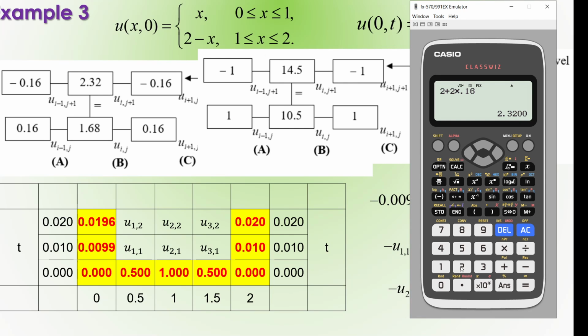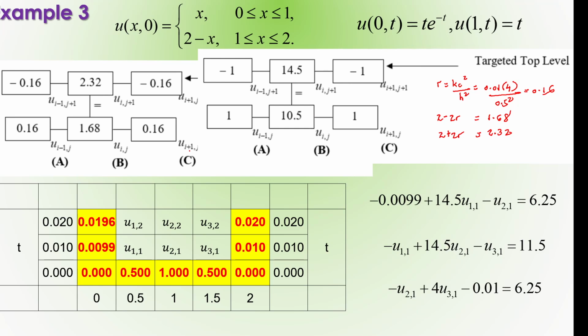When you divide 2.32 by 0.16, you have 14.5. And 1.68 divided by 0.16 is 10.5. So either you use this one or divide by r at each cell there.